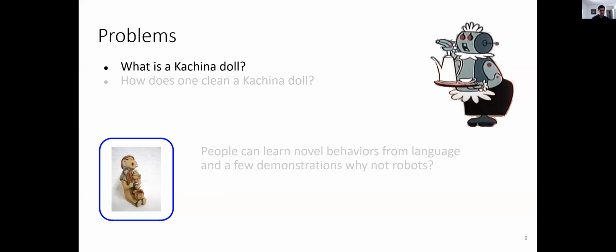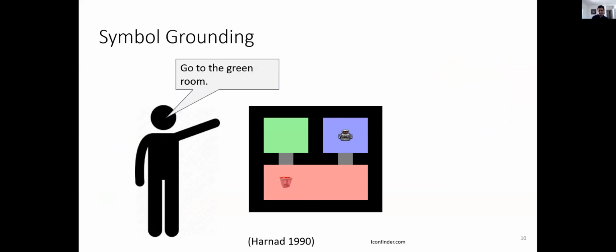So let's first look at the problem of what is a Kachina doll. And this problem is actually part of an older problem called symbol grounding that was described by Harnad in 1990. And when you say something like, go to the green room in the world, you have this problem where the green room is some symbol that you have uttered in the world, and it's referring to an object in the world, which is a referent.